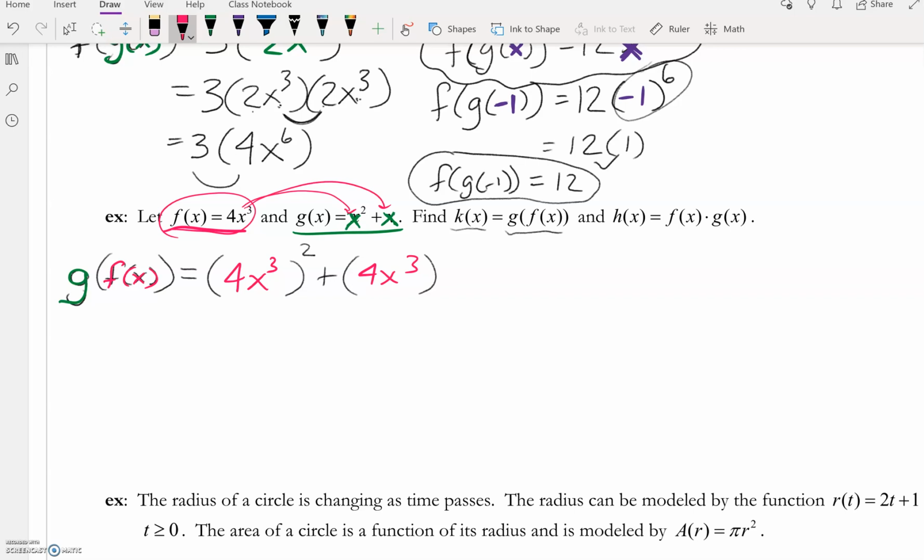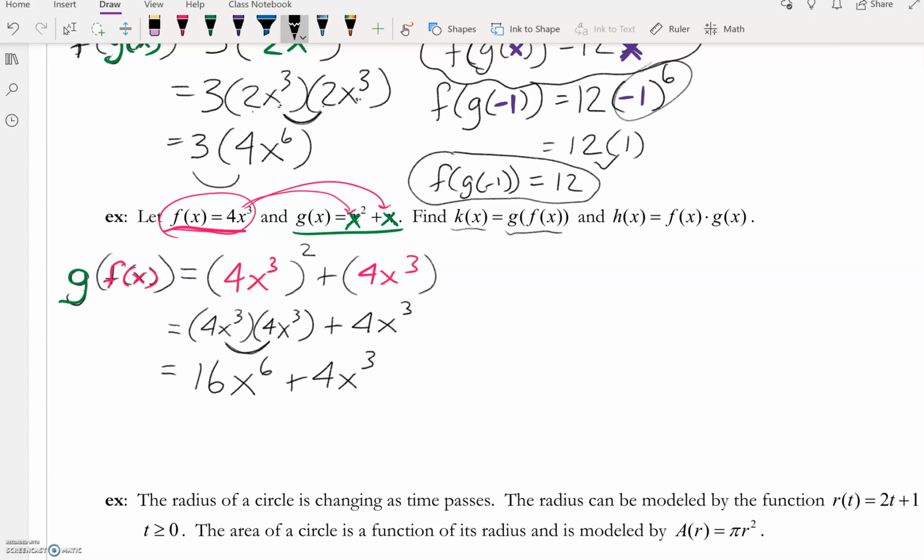Now that I've got it plugged in, we just need to simplify, and then we're going to name this k of x. So let's simplify 4x cubed squared. I'm going to write it down twice. Here's what it means to square that. And then I've got plus this 4x cubed. Multiplying these two things together, 4 times 4 is 16. And then x cubed times x cubed is x to the 6th power. Then I've got a plus 4x cubed over here.